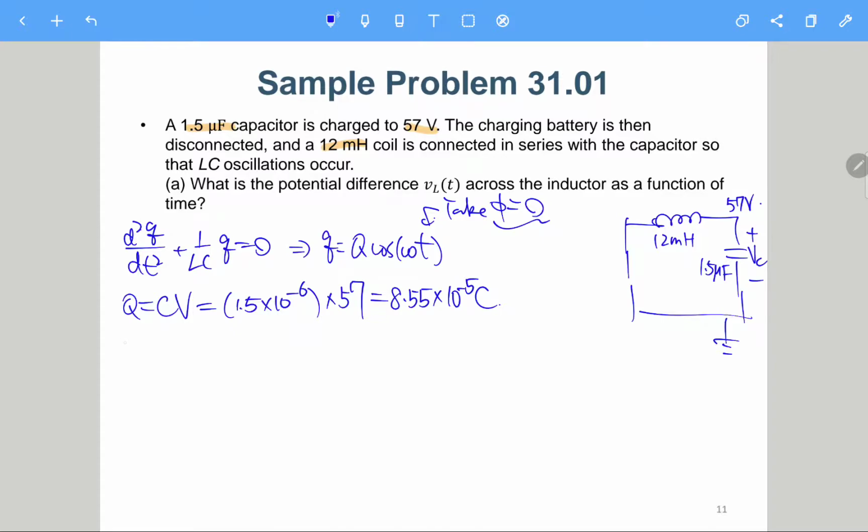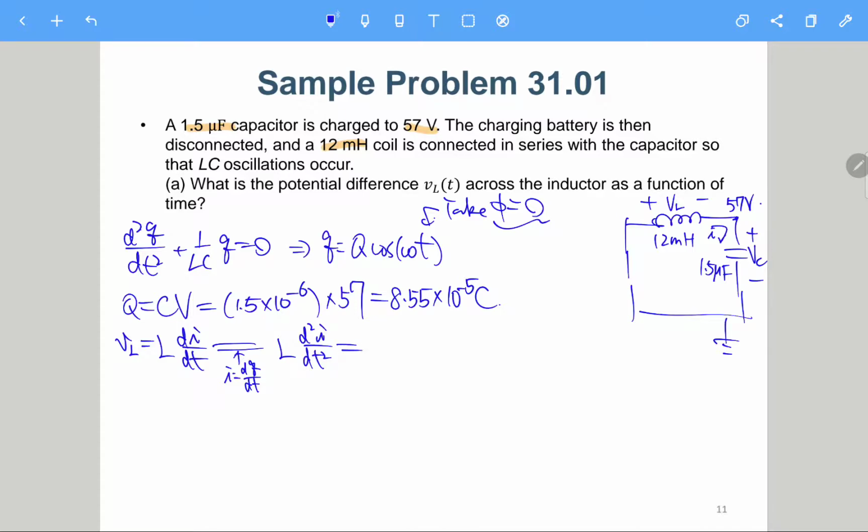So next we can calculate the VL. So this is Q. We can have I in this direction, and of course VL following this direction should be L dI dt, and I is of course dQ dt. So this is nothing but L d2Q dt2.